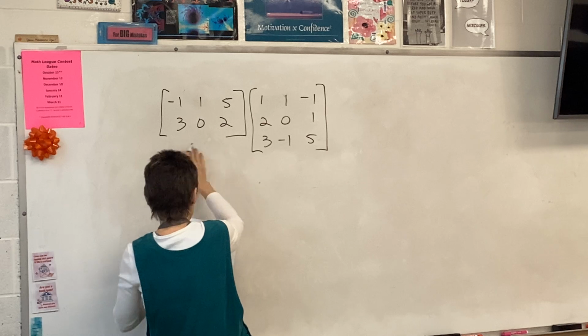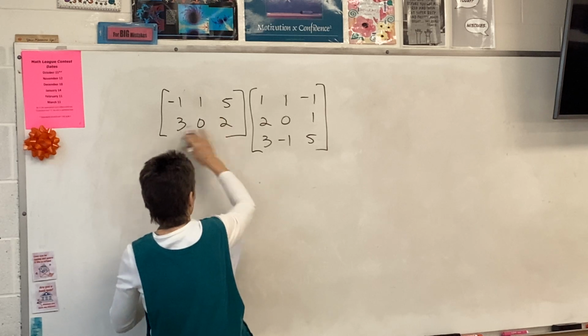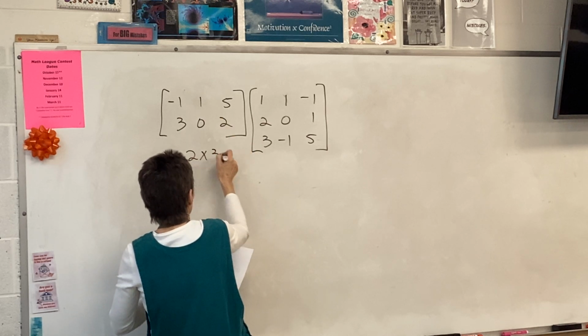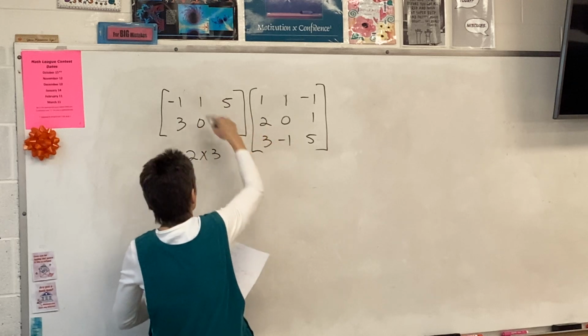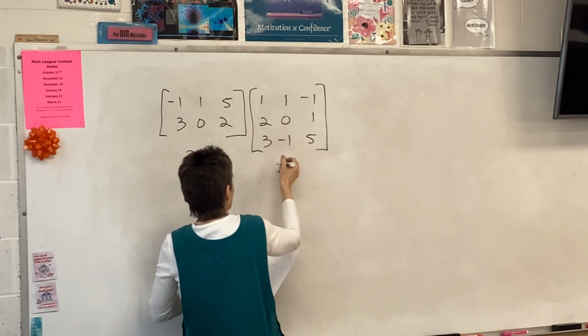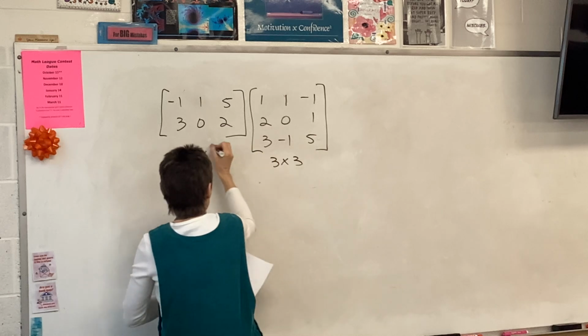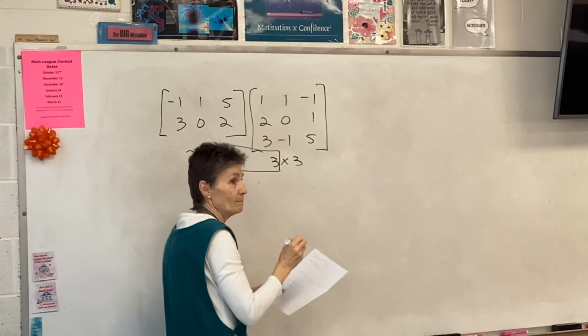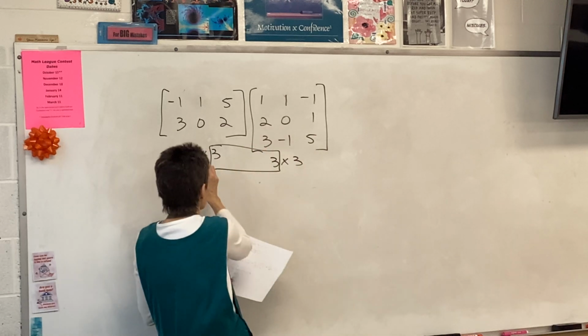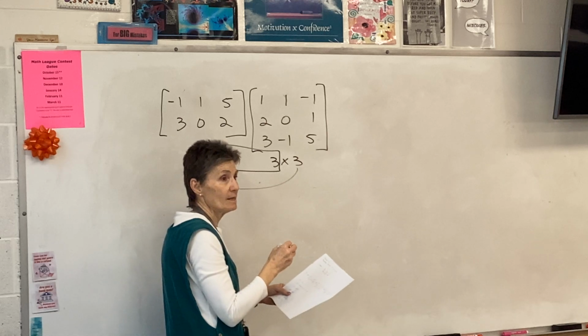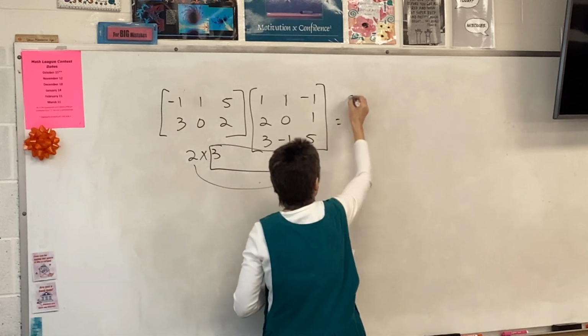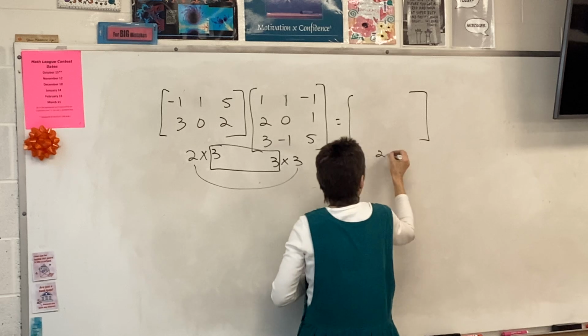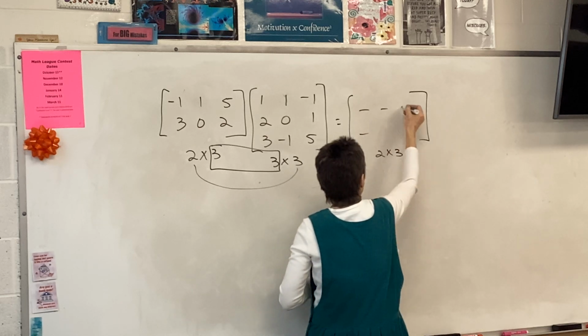Well, what are the dimensions of A? 2 by 3. And then B is a 3 by 3. Can those be multiplied? Yes. And the answer will be a 2 by 3, so 2 rows and 3 columns.